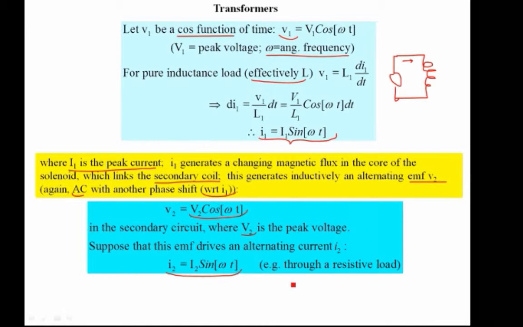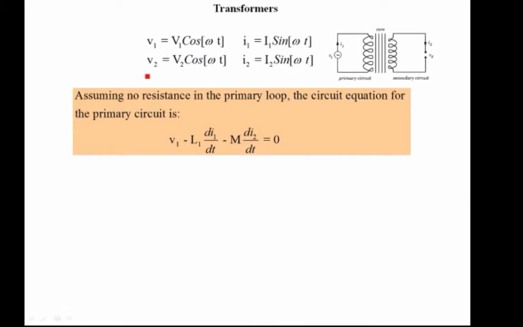In order to get this current, we have to have some connection between the two ends of the coil in the secondary. Quite often we'll just assume that it's a resistive load. So here are our repeated functions up here: we have the V1, V2, and the I1, I2. We'll assume that in the actual coils of the transformer there's no resistance.